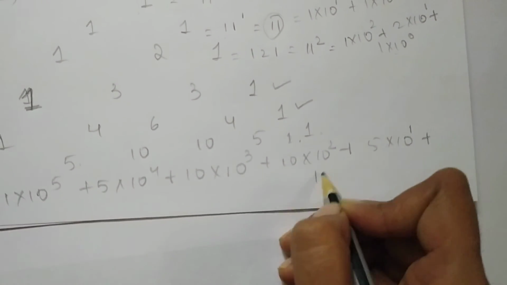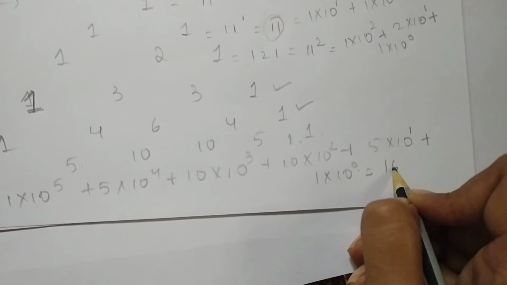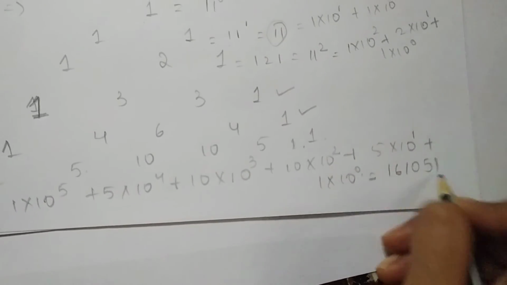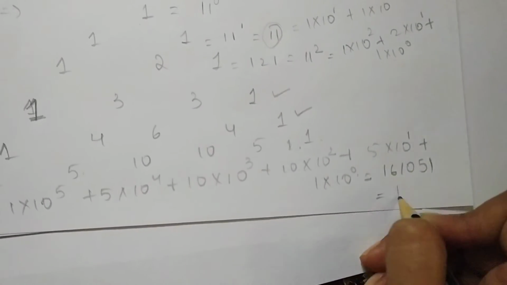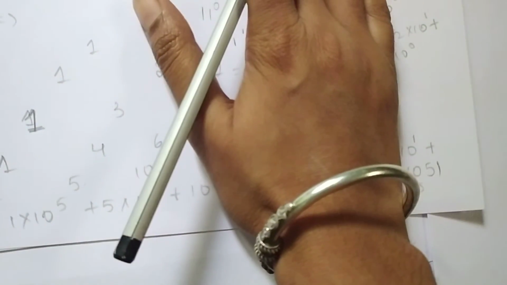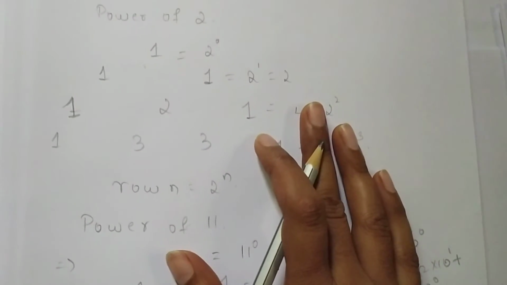And plus 1 into 10 to the power of 0. We get 161051. This is the value of 11 to the power of 5. From this we come to know that the Pascal triangle reveals the powers of 2 and powers of 11.